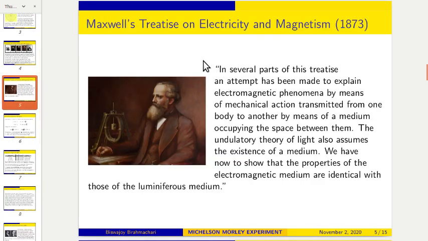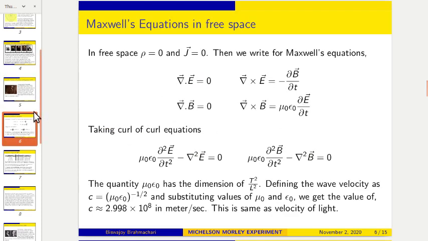Next came Maxwell. Maxwell had 4 equations, Maxwell's equations, and I have written here the simplified version in free space. In free space there is no charge and no current; currents are sources of magnetic field, and charges are sources of electric field, but they are linked.